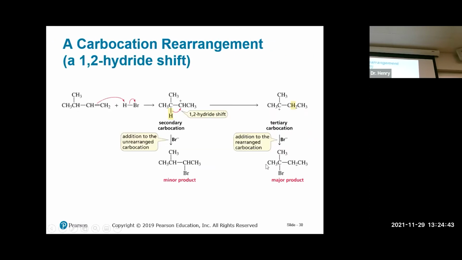Now, why? This is going to be a 1,2 hydride shift. So this is a rearrangement. Again, the double bond is going to deliver the electrons to the hydrogen bromide, or specifically the hydrogen.